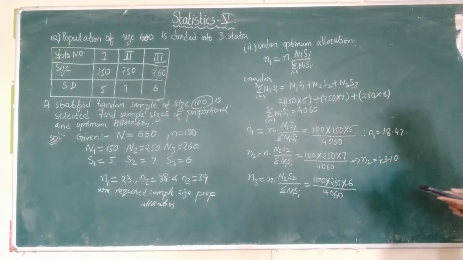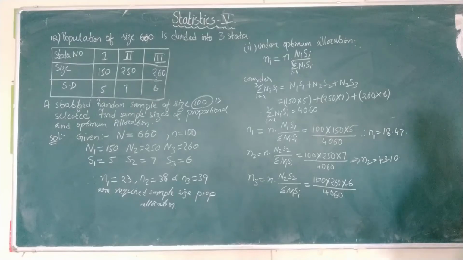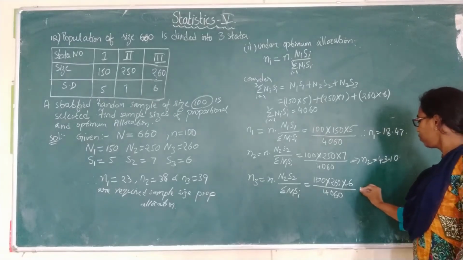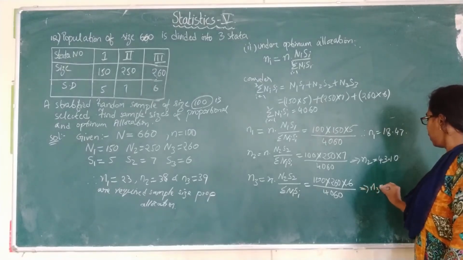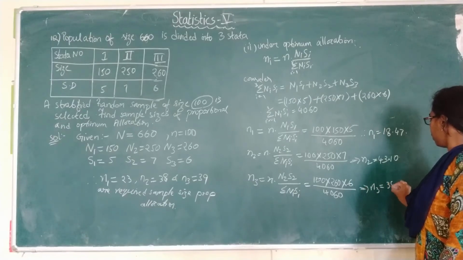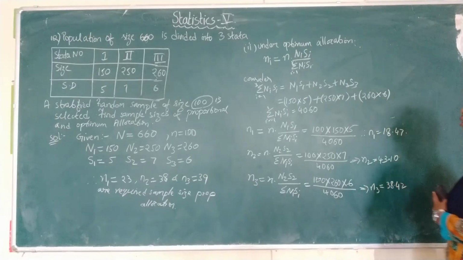Now 100 into 260 into 6 divided by 4060, you will be getting as 38.42, which implies n3 equals 38.42.